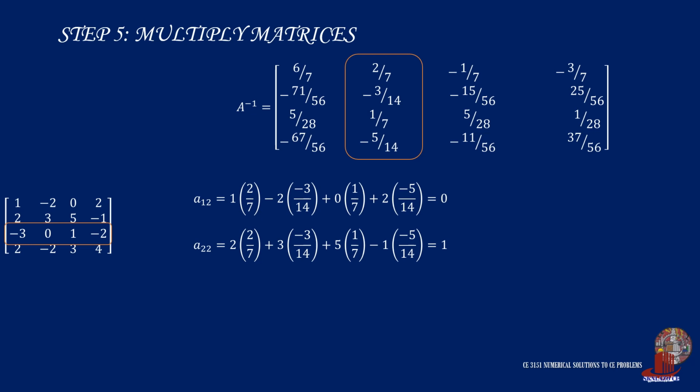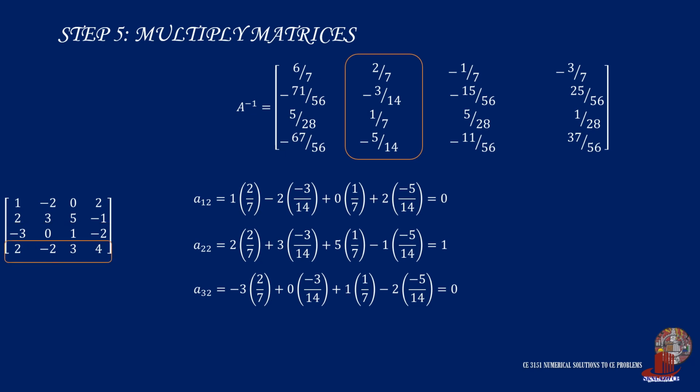Element A32 is solved next with negative 3 times 2/7 plus 0 times negative 3 over 14 plus 1 times 1/7 minus twice of negative 5 over 14, which is equal to 0. Then last is element A42 with 2 times 2/7 minus 2 times negative 3 out of 14 plus 3 times 1/7 plus 4 times negative 5 over 14, which again equals to 0.